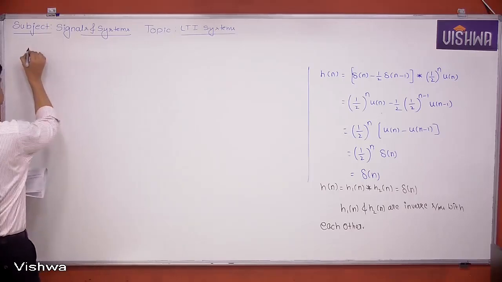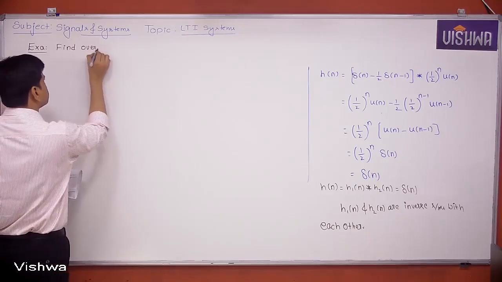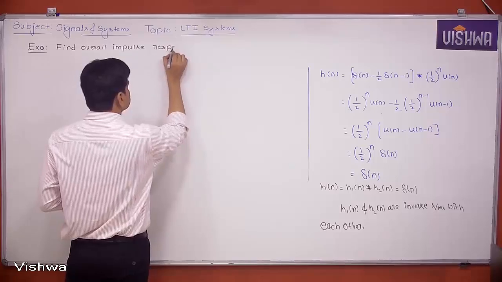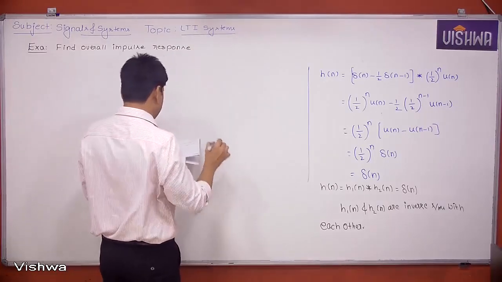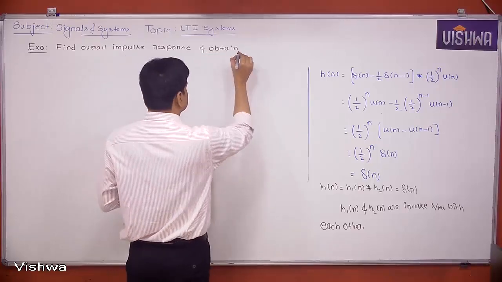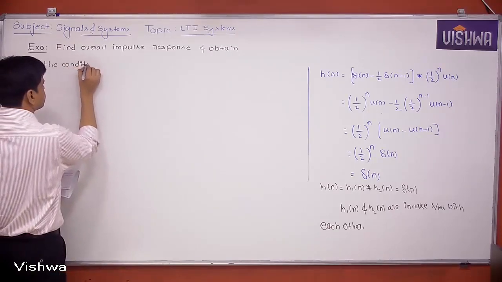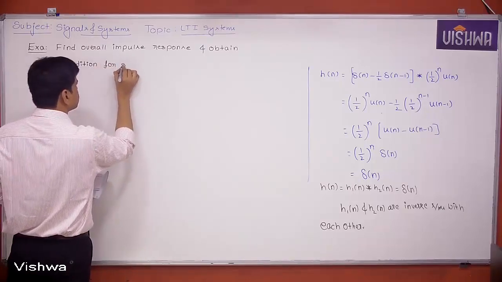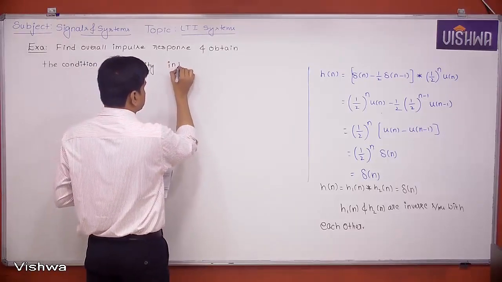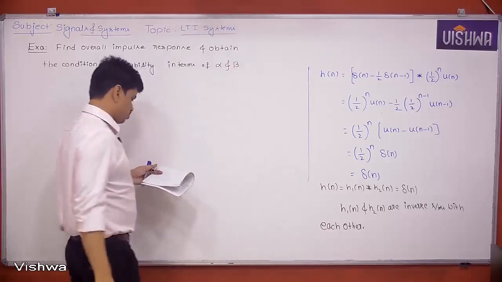Okay, take it. Next example. Find overall impulse response and obtain the condition for stability, in terms of alpha and beta. Okay.